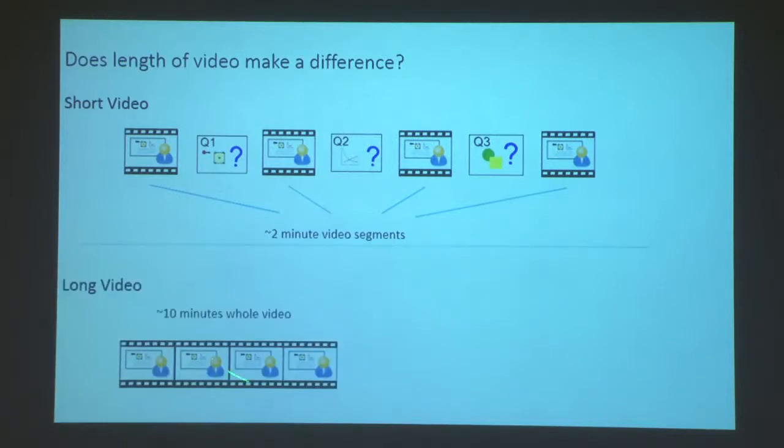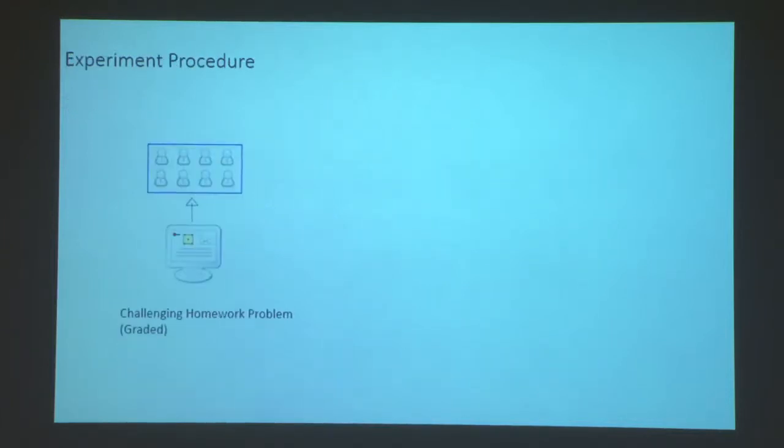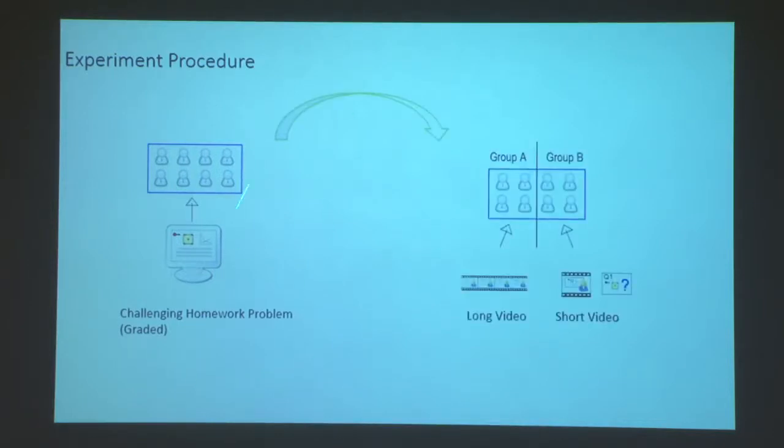As a control, we gave the whole 10-minute video at once and gave the students the exact same questions that were interleaved, as a reminder of the content of the video. So we set up the experiment like this. They were faced with this challenging homework problem, and they are encouraged to attempt it once, and then they are directed to this video help session where half of them receive the long video version and half receive the short video version.